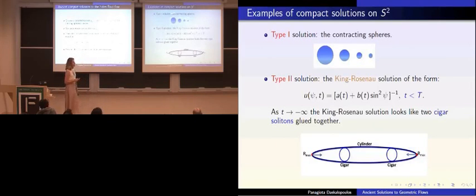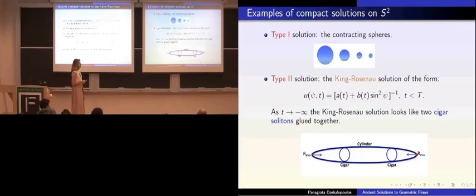And of course, the contracting spheres are always there. They are examples of solutions. In these settings, U is just a function of time. And so these are the type 1 solutions, of course, always.